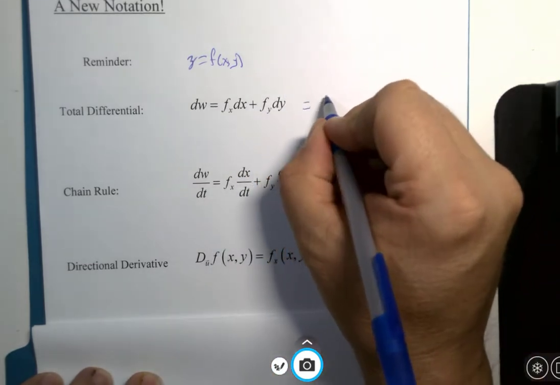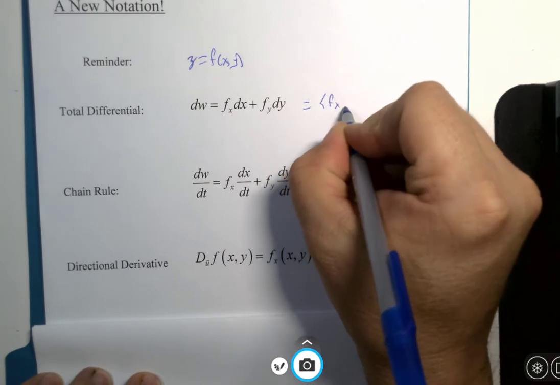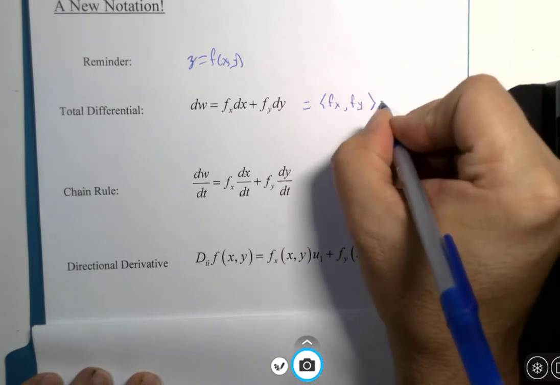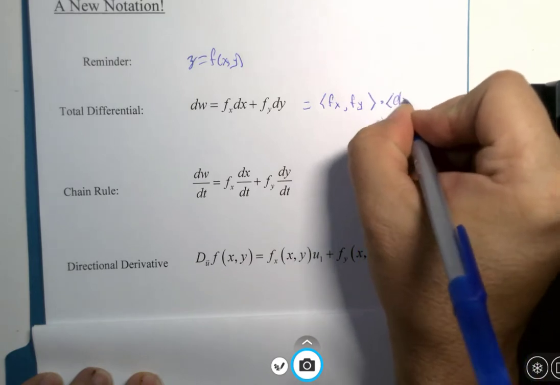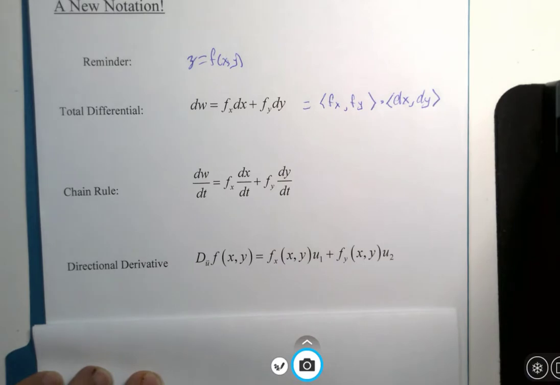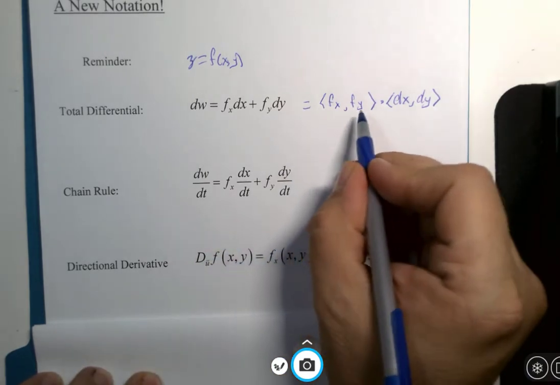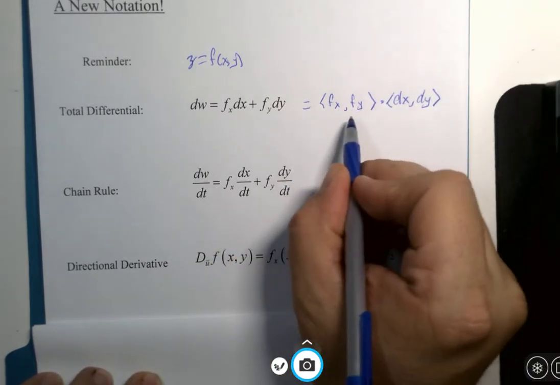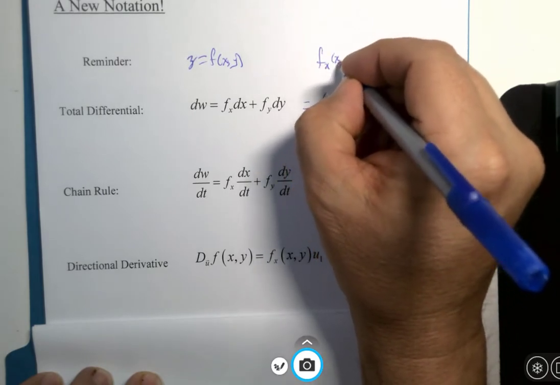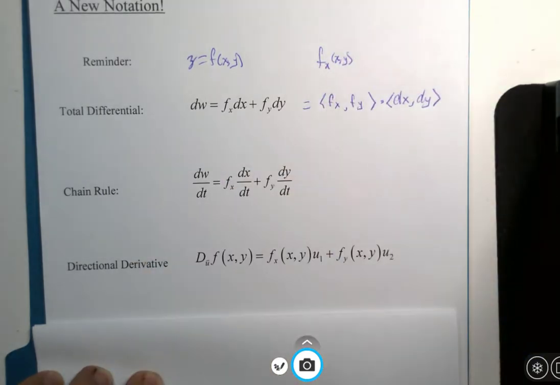And it's possible to rewrite each of these as a dot product. So for the total differential, it could be this dot product. And please remember that this is a shorthand. Technically, it's the x partial derivative of the function f of x, y.